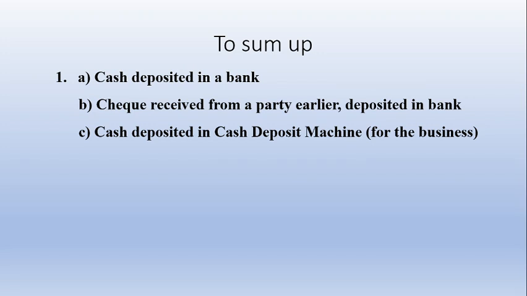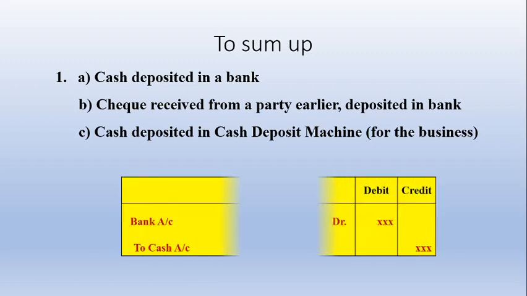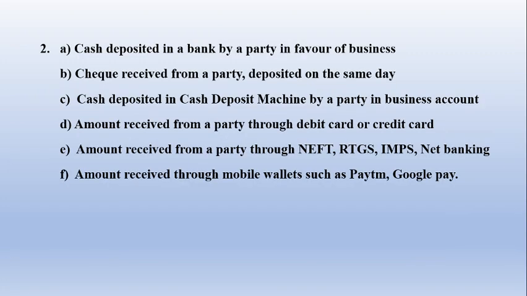To sum up, 1. When cash is deposited in a bank, when a cheque received from a party earlier is deposited in a bank, or cash is deposited in CDM in favor of the business, the journal entry is bank account debit to cash account. 2.